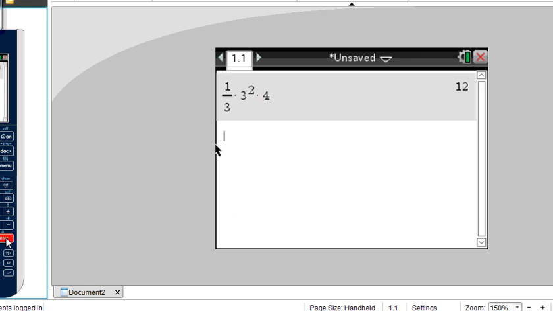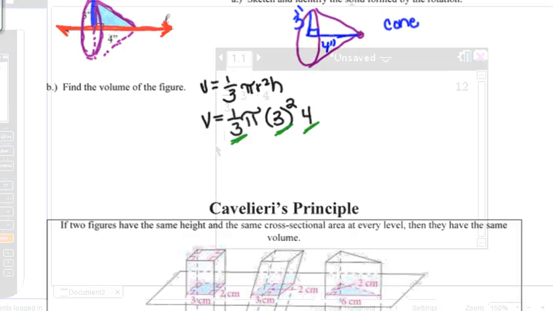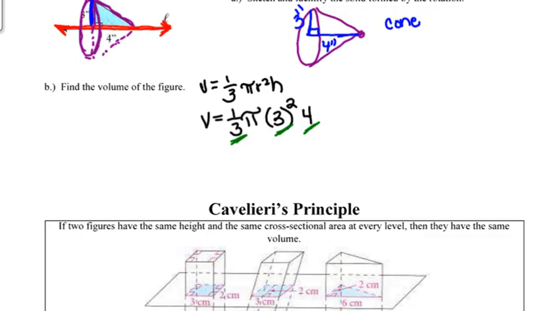Since it doesn't tell me to round, I'm not going to multiply by the pi. So when I multiply together all the rational pieces of that, I end up with 12. So my volume here is 12. I have not yet multiplied by the pi. I still need to take care of the pi.